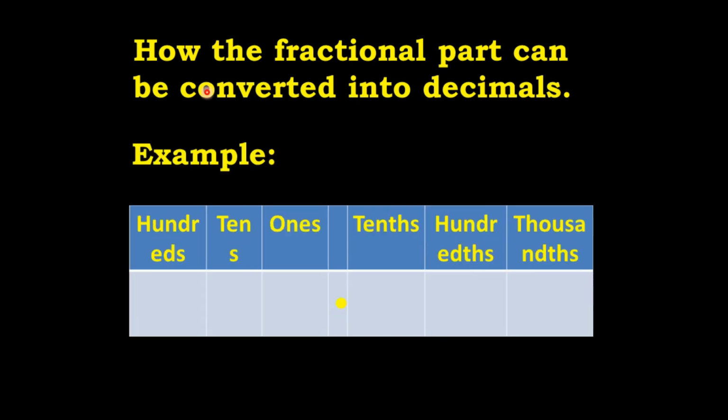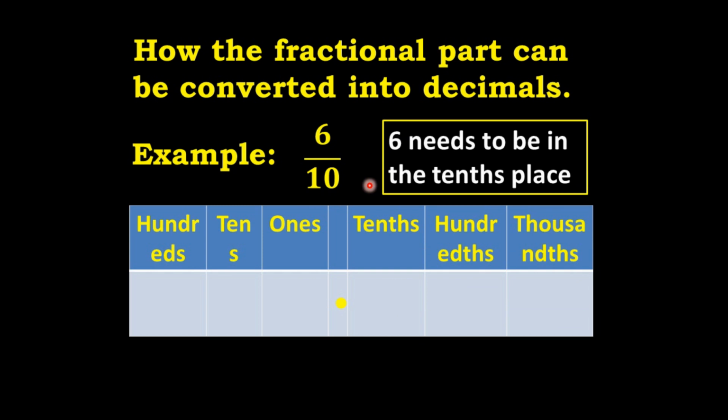So how can the fractional part be converted into decimals? For example, we have here 6 over 10. The denominator is 10. So that means 6 needs to be in the tenths place. Take note of this, guys. Once the denominator of your fraction is 10, the numerator, if it is a single digit, needs to be in the tenths place.